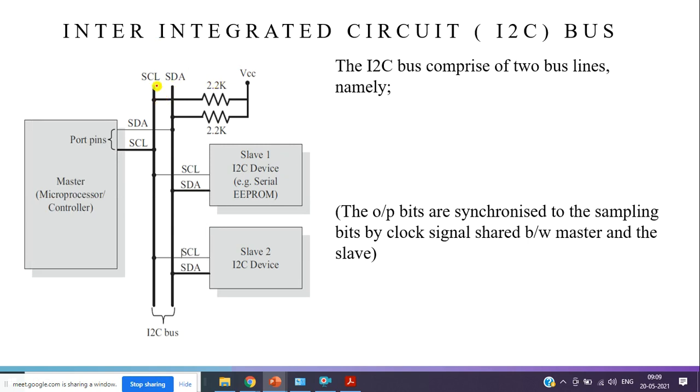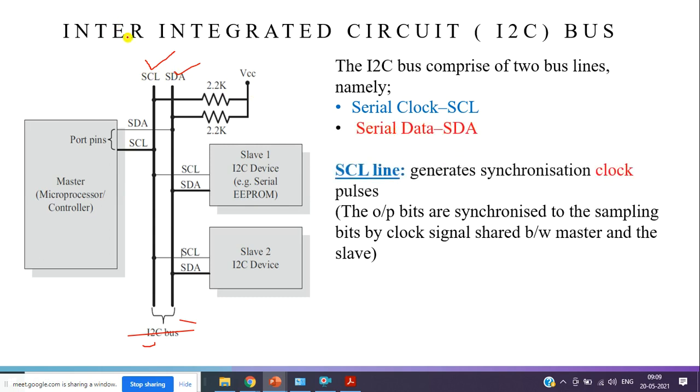Now, these are the important buses that we are speaking about. So this is the I2C bus, and SCL stands for serial clock and SDA stands for serial data. Now, what is the importance of the serial clock?